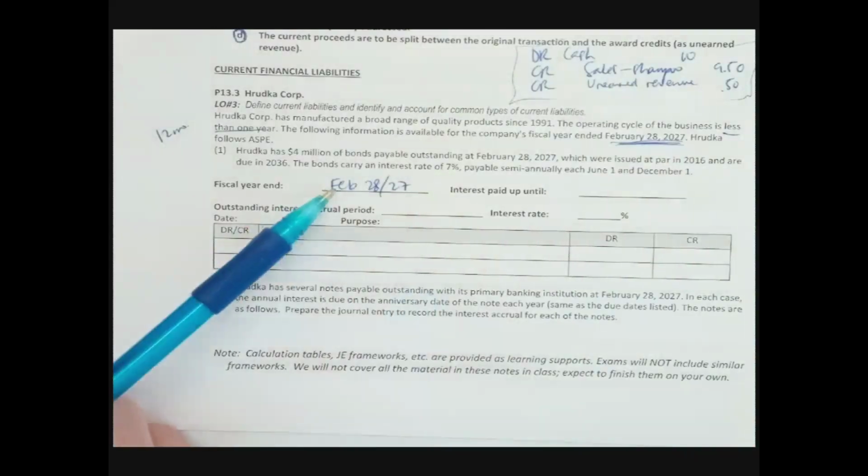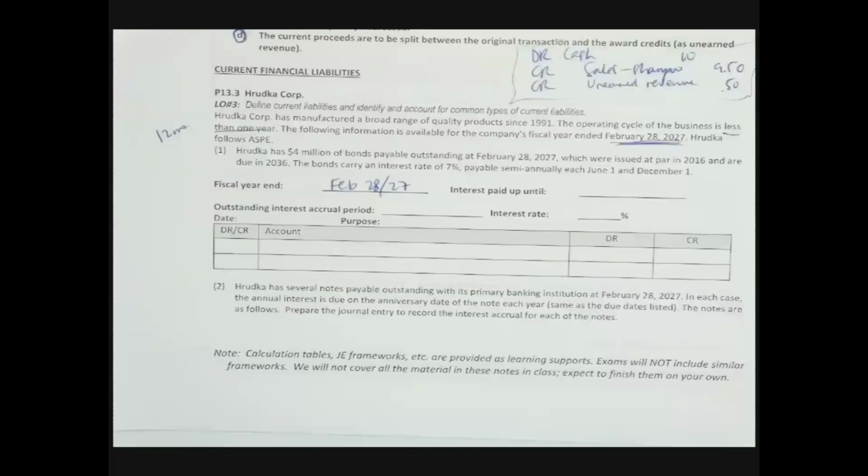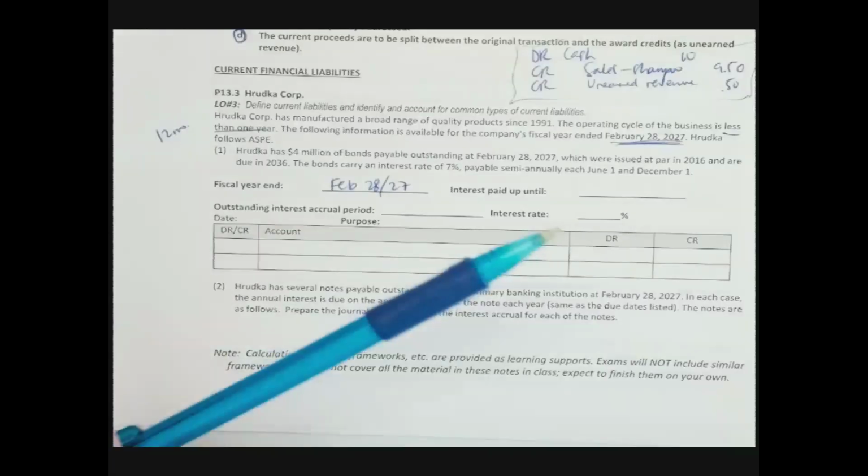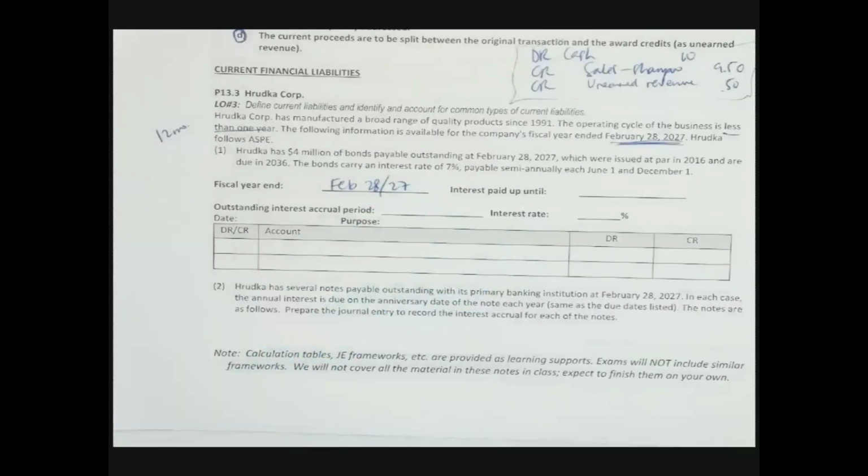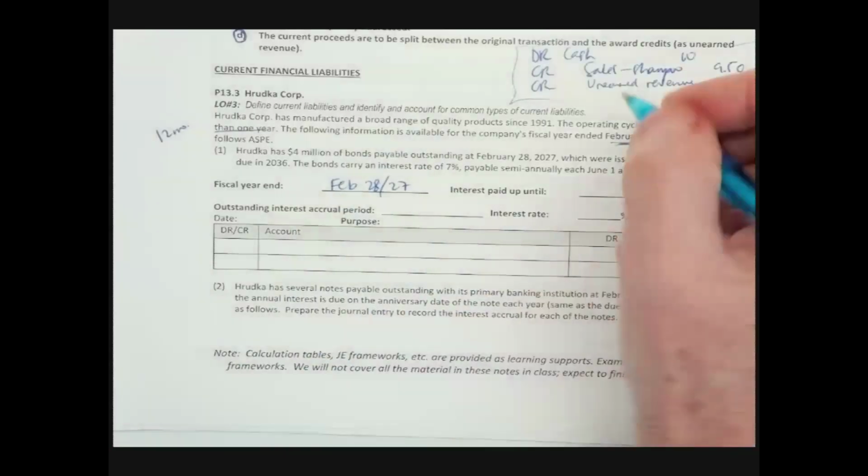So if the fiscal year end is February 28th, then for this bond, when was interest last paid? What was the date, Sean? December 1st of 2026, right?